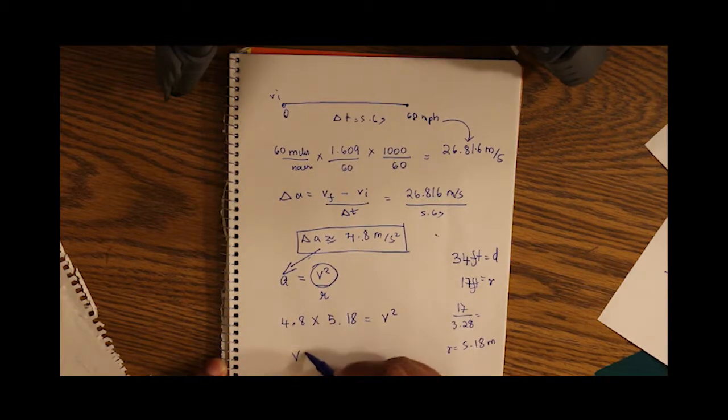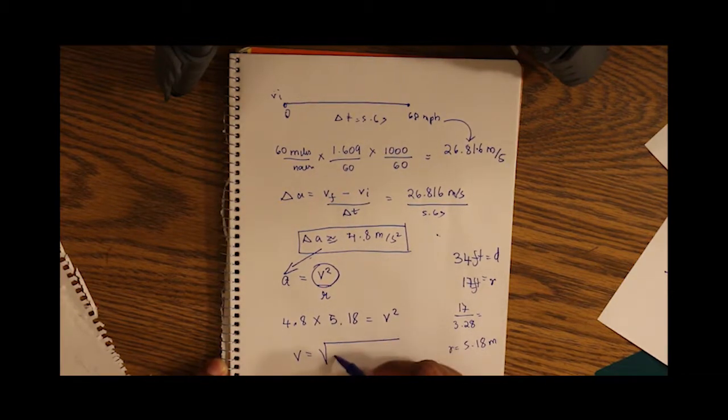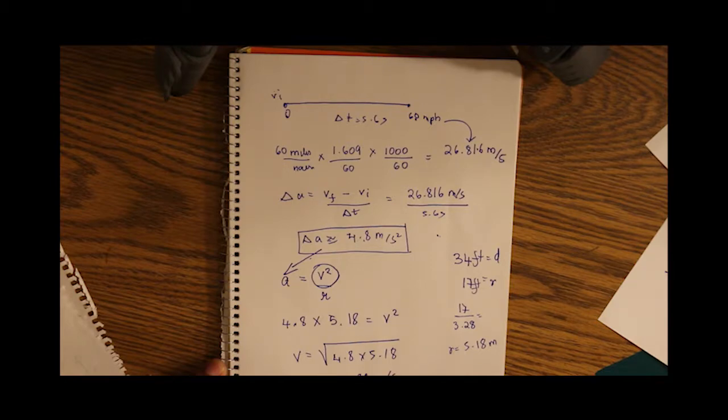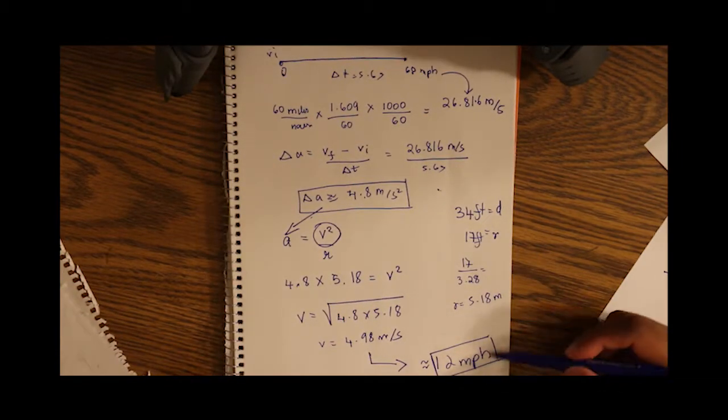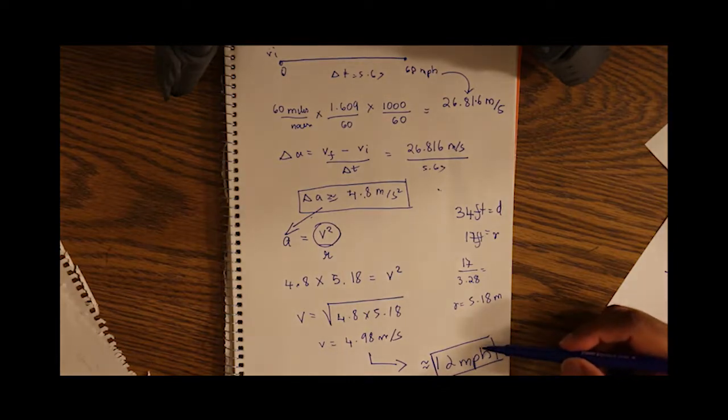So our v would be the square root of this value, which is approximately 4.98 meters per second, which converts to approximately 12 miles per hour. So you would have to drive the Mini Cooper approximately 12 miles per hour in a circle.